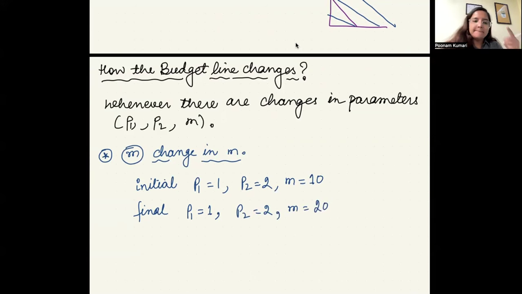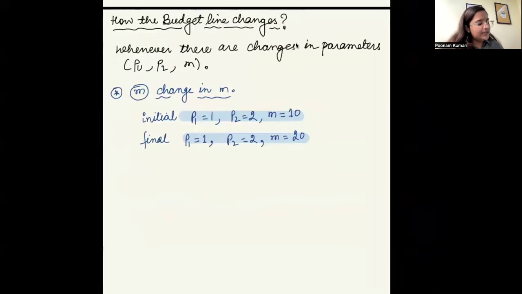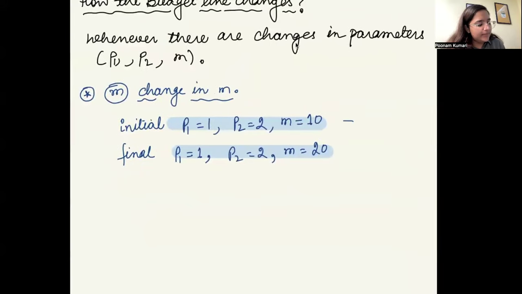Now, what do you have to do? Your goal is to make budget lines and see for yourself कि ये कैसी दिखती हैं, ठीक है? So let's try to do this. First case में, what is going to be my budget line? Tell me.